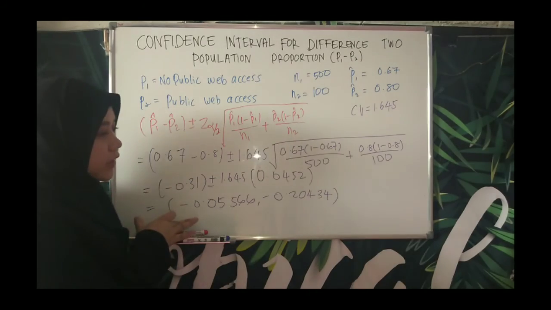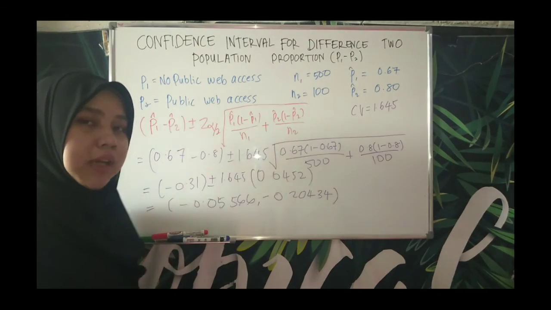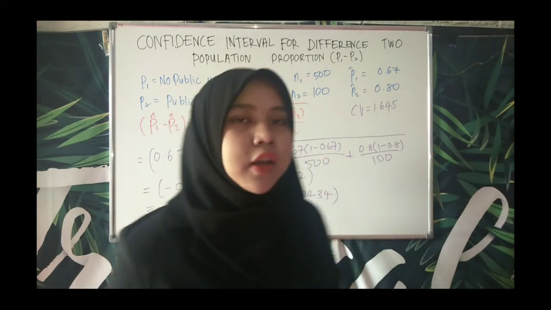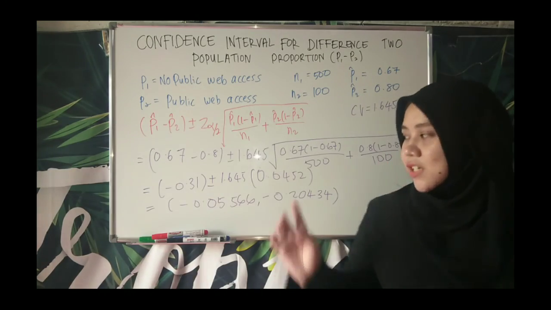This is the confidence interval that we get. Don't forget, guys, we must put the confidence interval at least to 4 decimal places.